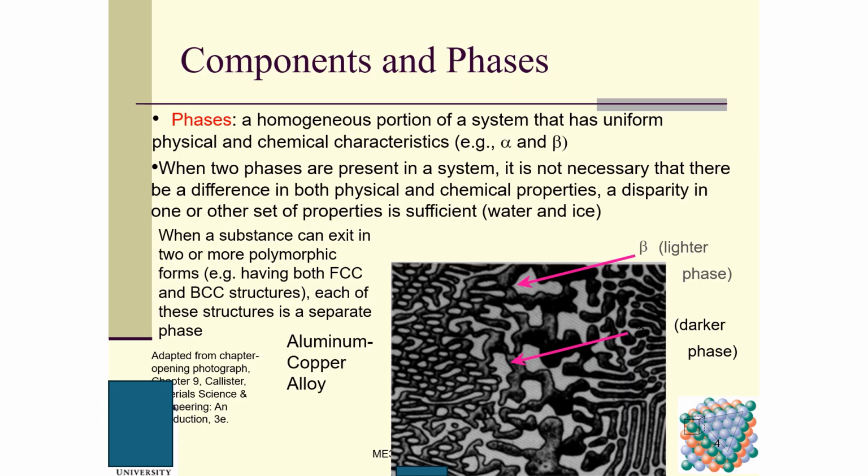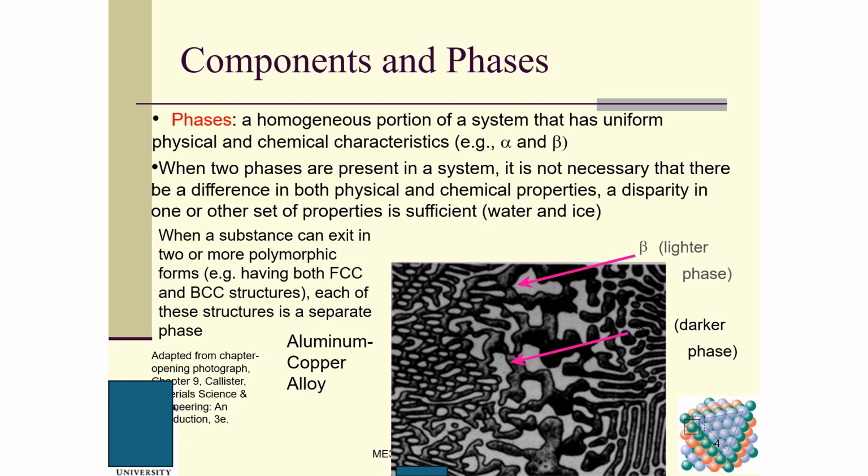One more time. Water and ice, chemically they are the same, but they have one different physical property, because water is a liquid and ice is a solid, and in this sense, they are two different phases. Let me repeat.